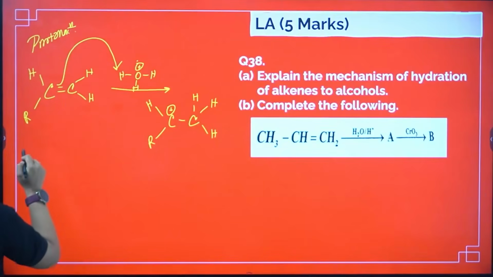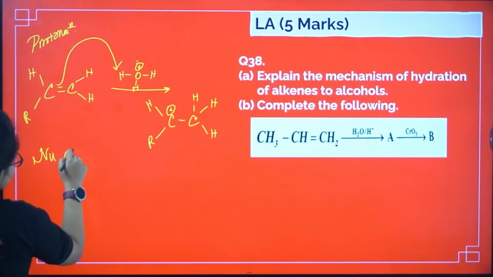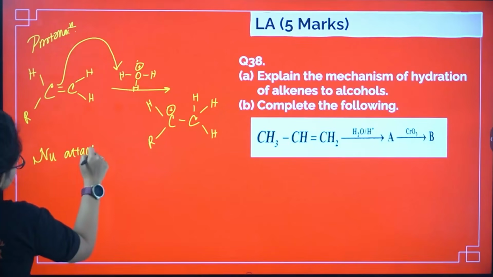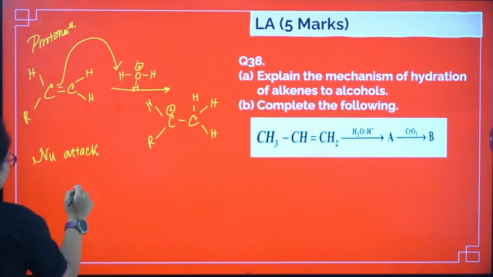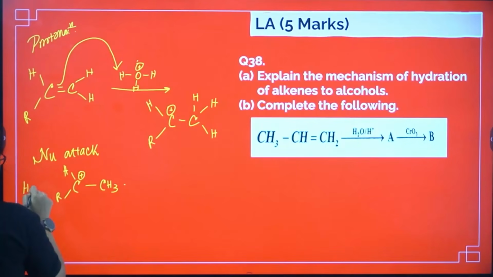Next step is basically nucleophilic attack. So who will attack? Water only. So here I am having hydrogen, here R group, cation, here I am having CH3, right? Now the water molecule has a lone pair, it will attack over here.